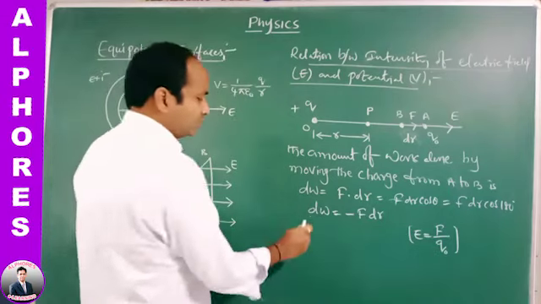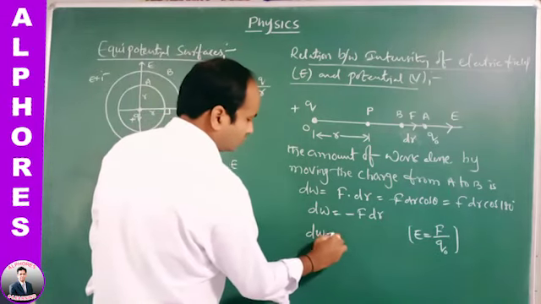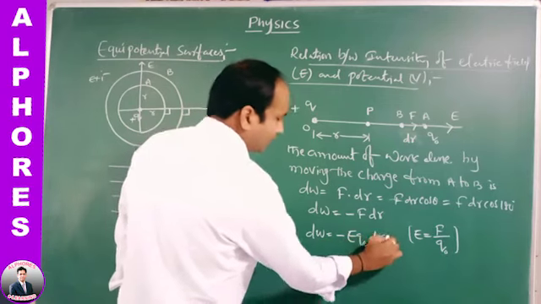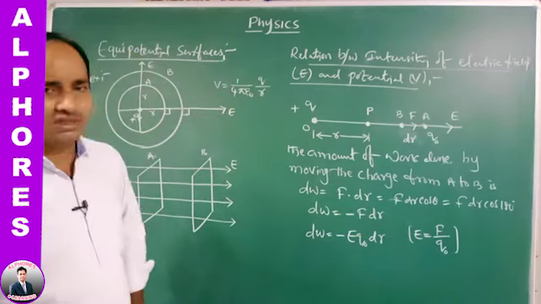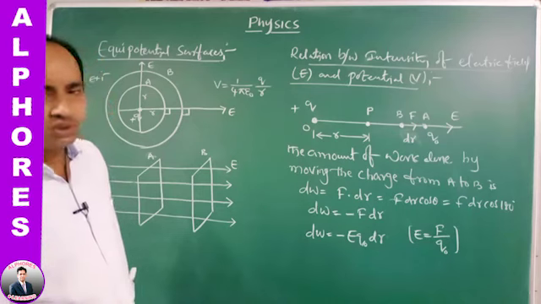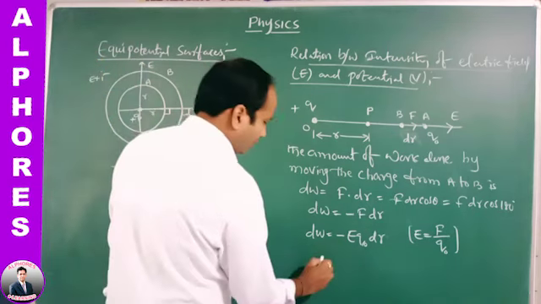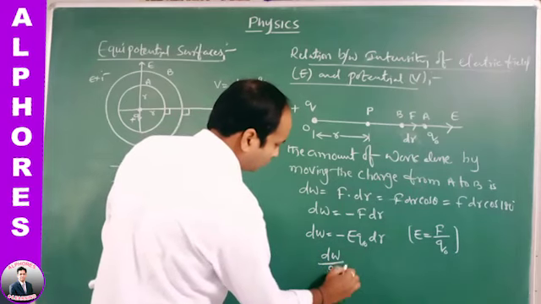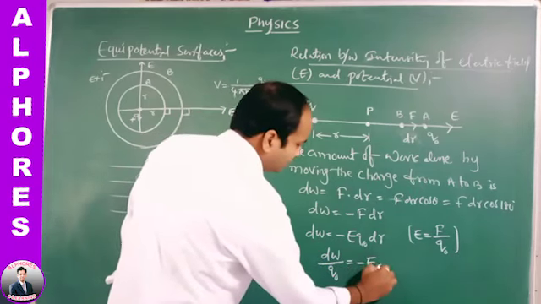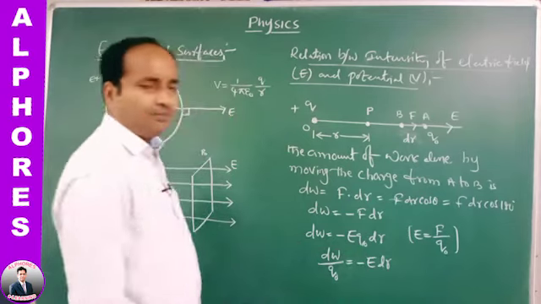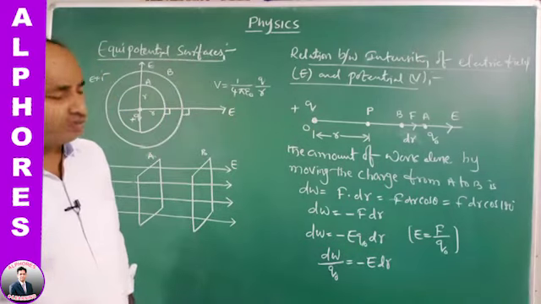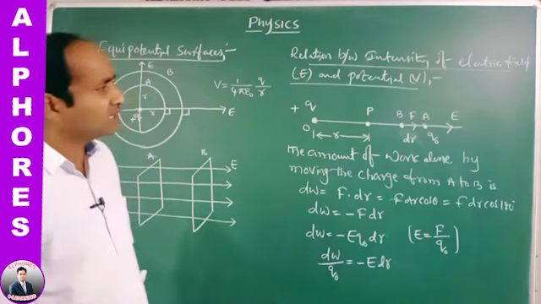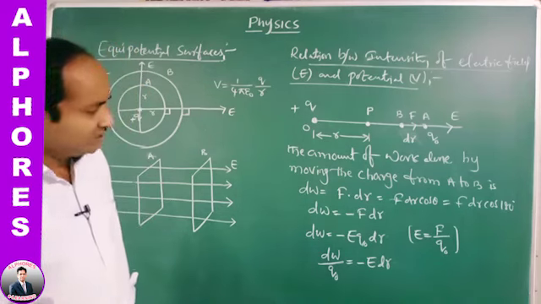So dW is equal to minus E Q naught dr. So from this equation we may write dW by Q naught is equal to minus E dr. dW is the small amount of work done by displacing the charge from A to B.